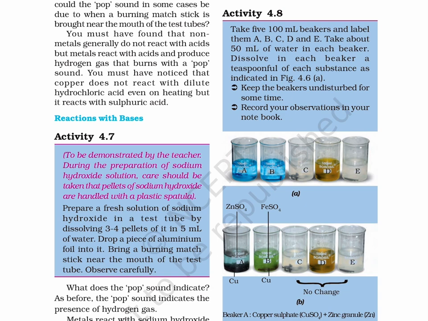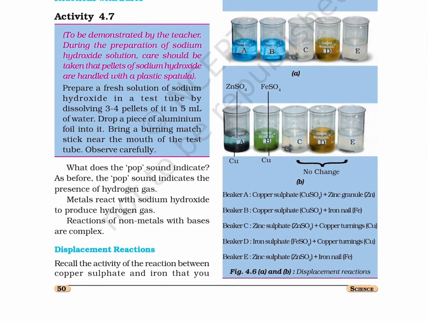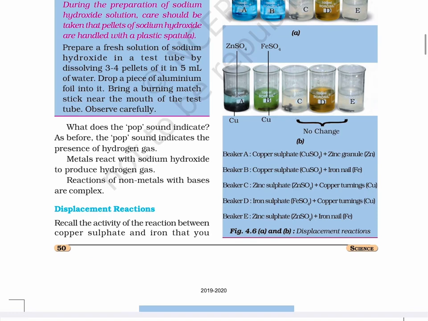Beaker A. Copper sulfate CuSO4 plus zinc granule Zn. Beaker B. Copper sulfate CuSO4 plus iron nail Fe. Beaker C. Zinc sulfate ZnSO4 plus copper turnings Cu.